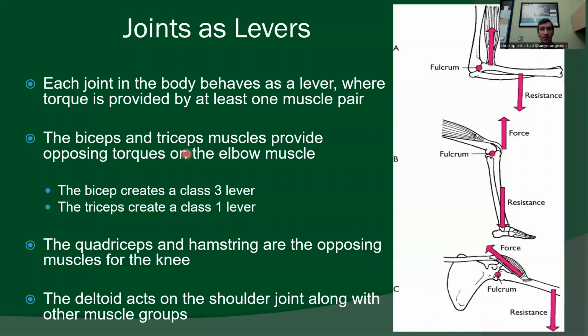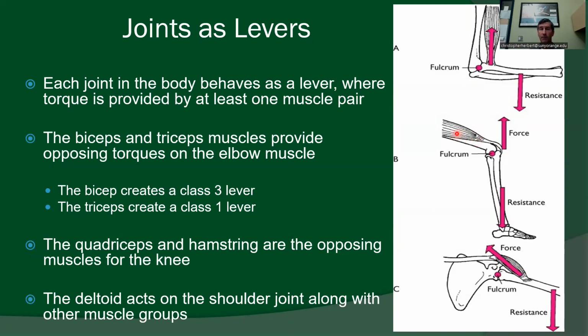So for the bicep and tricep muscle, those are on the elbow. The bicep creates a class 3 lever, causing the arm to, I have to remember, to flex, the elbow joint to flex. The triceps create a class 1 lever. They're on the back side of the elbow, causing it to extend.